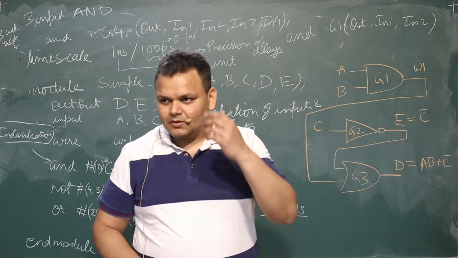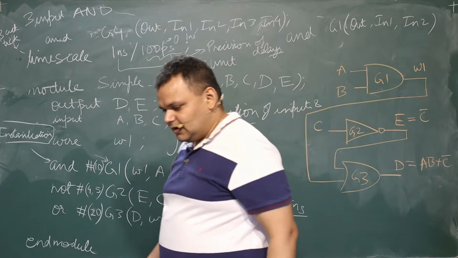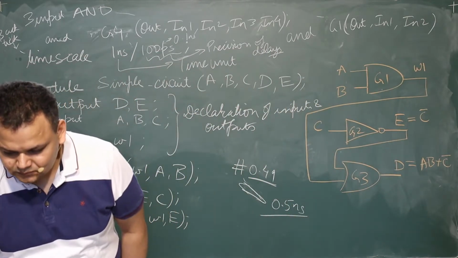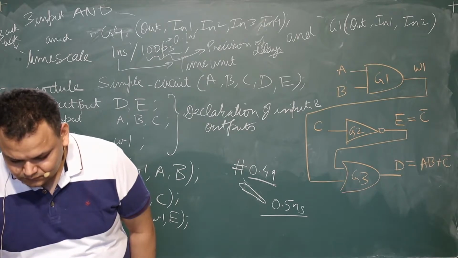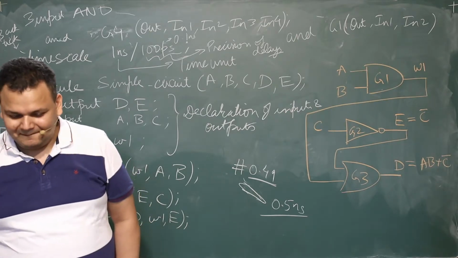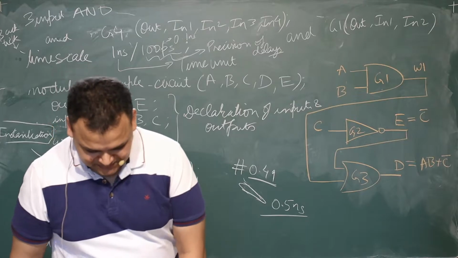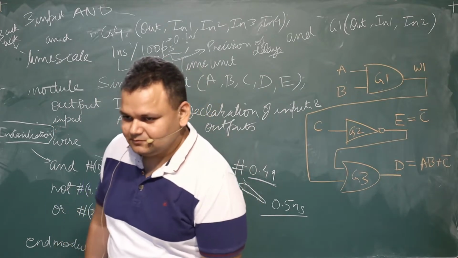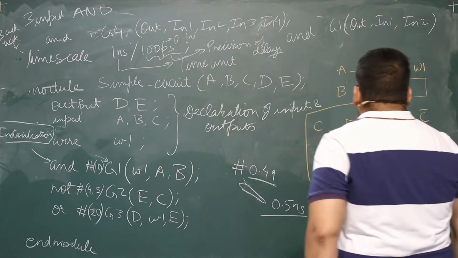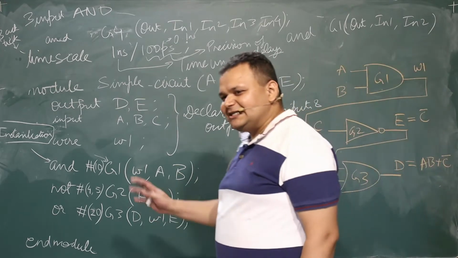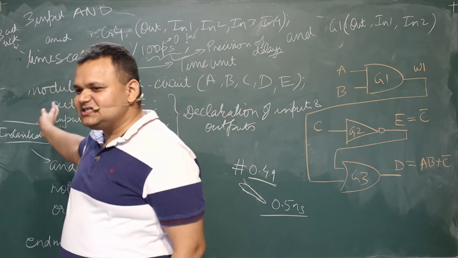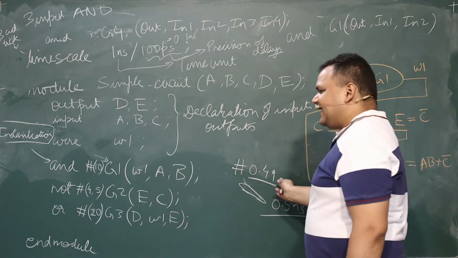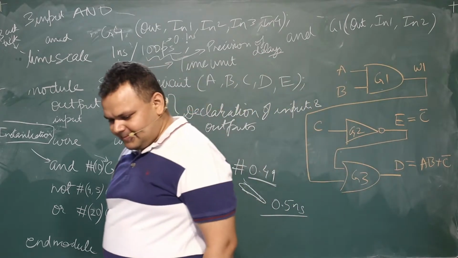Sir, it's rounded off. Somewhere it's written it's rounded off. Yeah, that's what I remember. I just wanted to be sure. Thank you very much. It is rounded off to the closest precision point. In this case it is 0.1 nanoseconds. So 0.49 gets converted to 0.5.